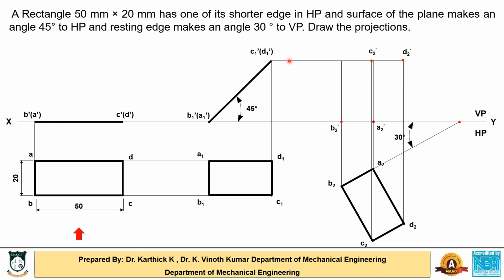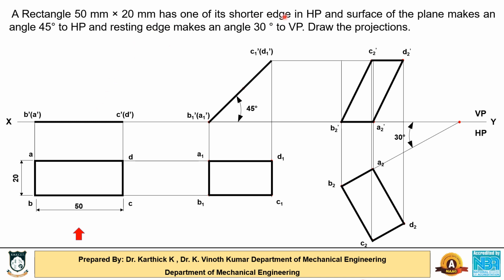So here also, if we see C here and C here, we will get C here, and then D from the horizontal and D from the vertical we get D, and A. Finally, if we join all the points as per the alphabetic letters, then you get one rectangular lamina like a parallelogram.